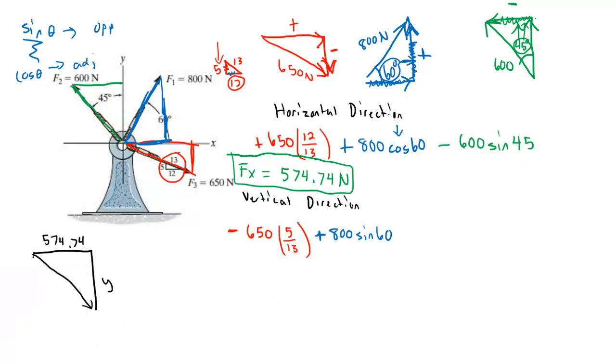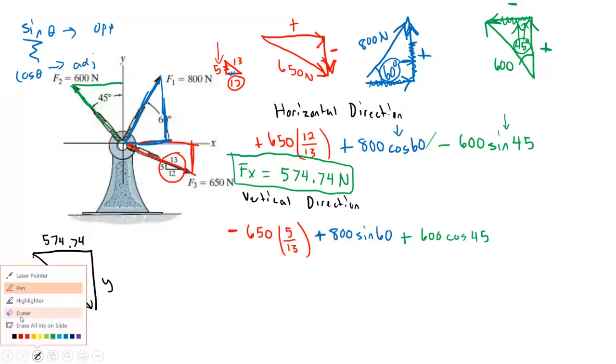So it went up, to the left. For the y, that gives you positive. So positive, the 600, you copy it down. Here I used sine, so now I'm going to use cosine. Let's double check if that's true. So let me make that a little bit clearer and nicer.